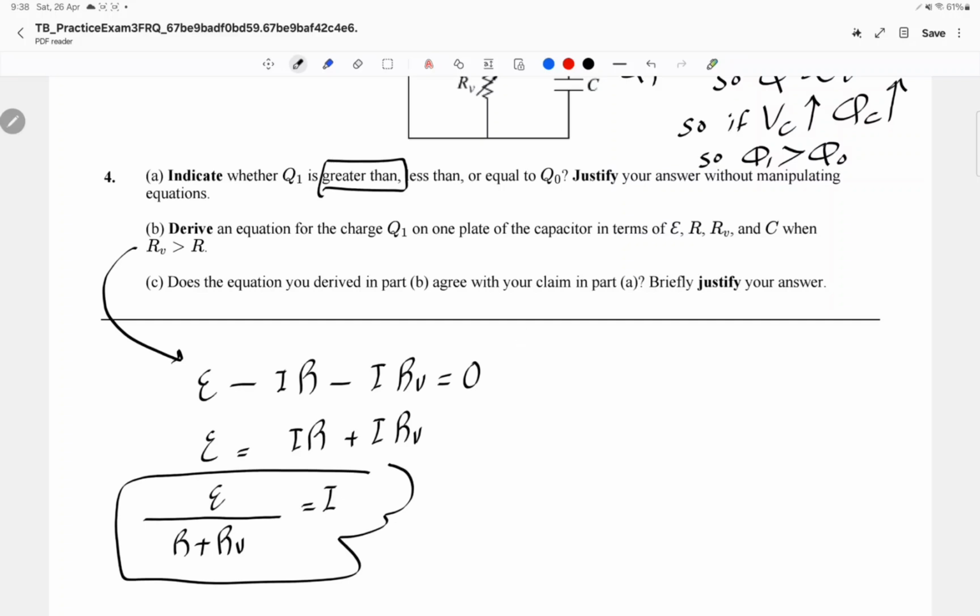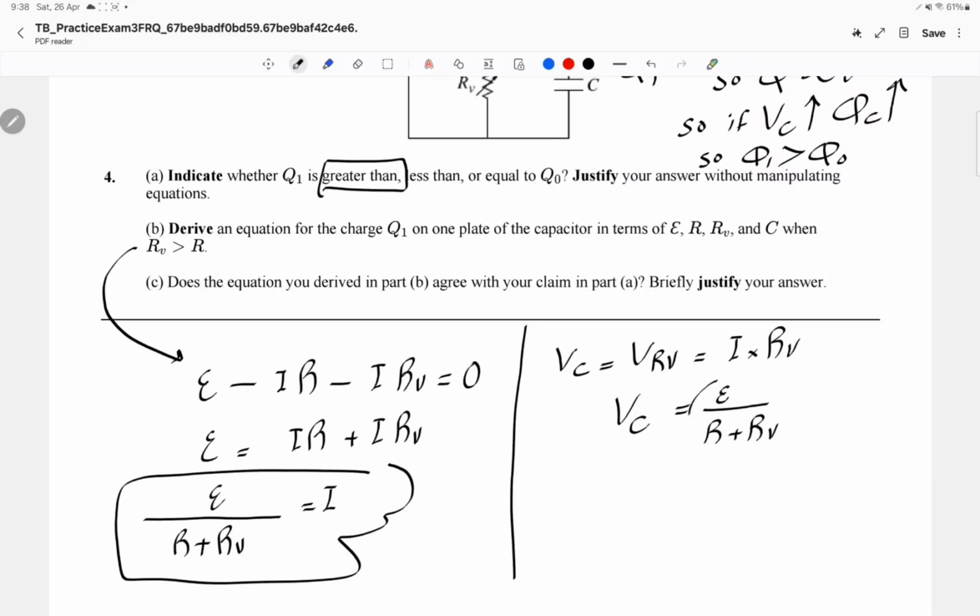Now, the voltage of the capacitor is equal to the voltage of the RV, correct? And the voltage of the RV is just equal to I times the RV. So the voltage of the capacitor is equal to, instead of I, put EMF over R plus RV, times RV.